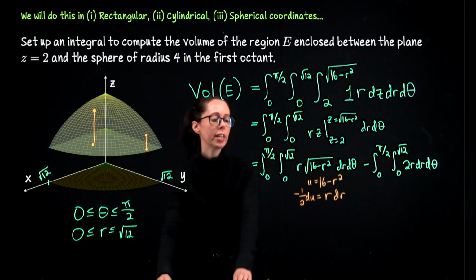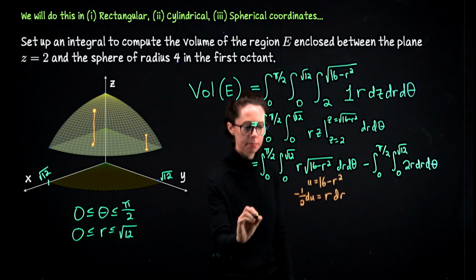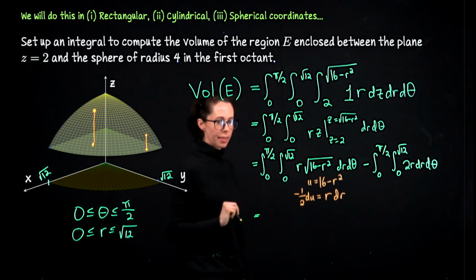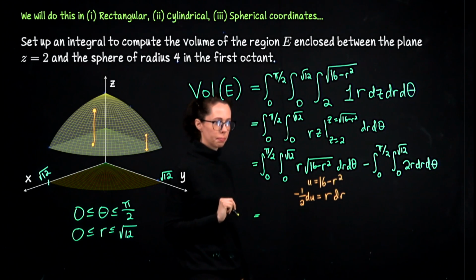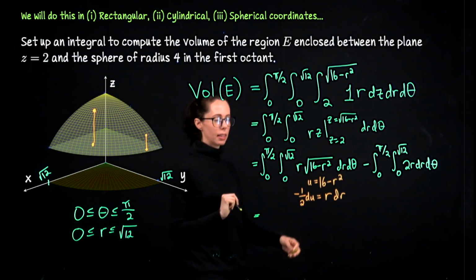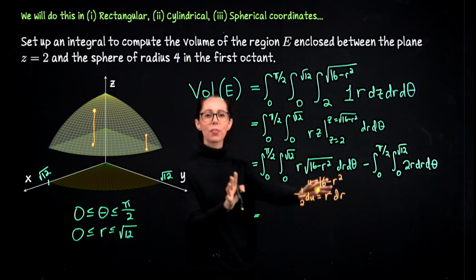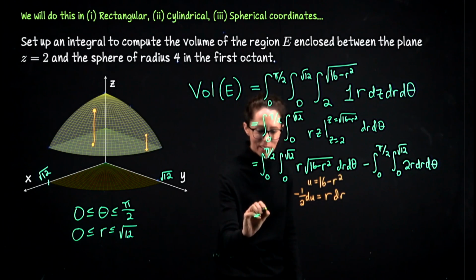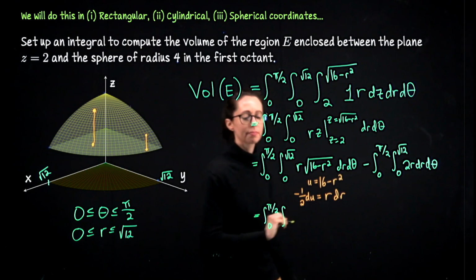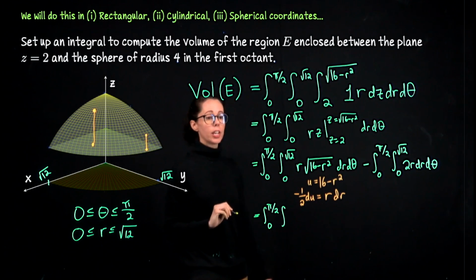Okay, we'll change bounds as I rewrite this. I'll leave the first one alone. I'll do it for the second one. Okay, let's do 0 to pi over 2. We need to change our bounds.